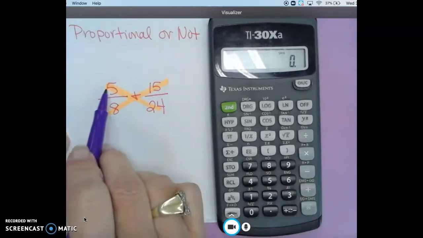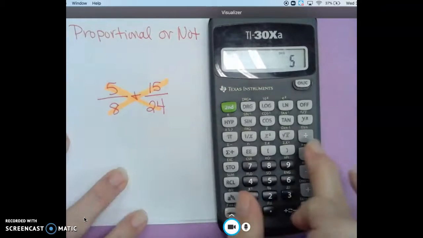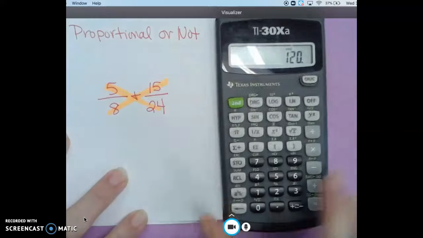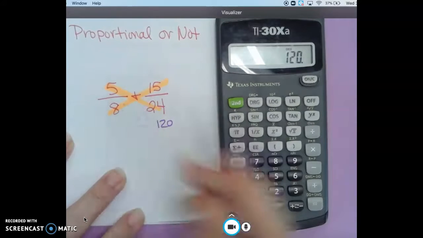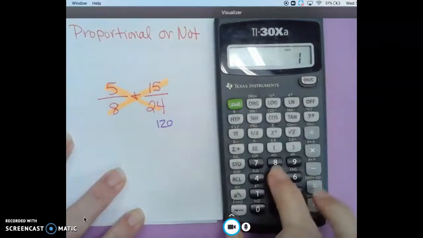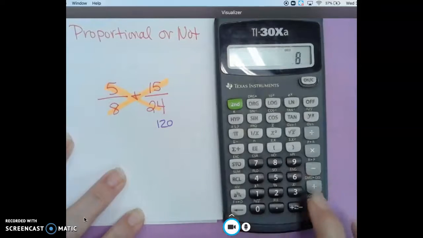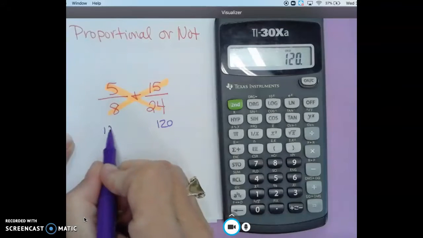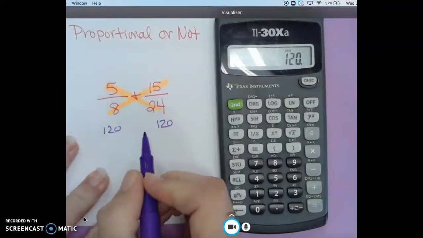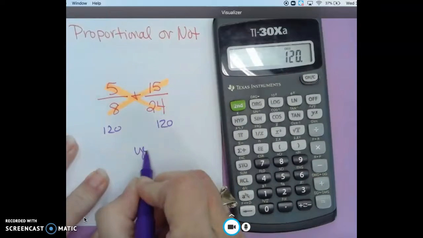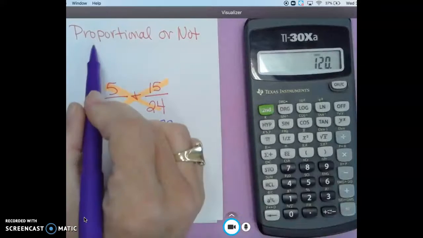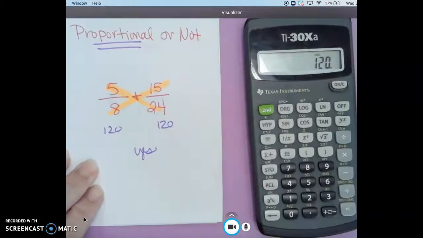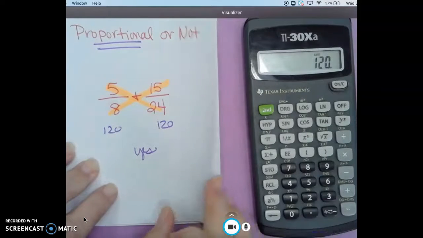If I do 5 times 24, I get 120. And then I multiply this diagonal. I've got 15 times 8, which gives me 120. So they do not look the same, but yes, they are indeed equal. So my answer would be yes to this one, that it is proportional. And remember, proportional means equal.